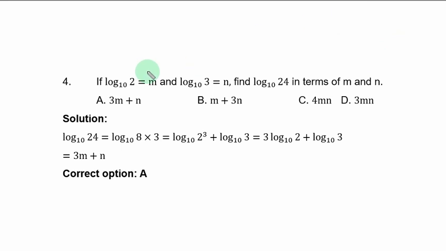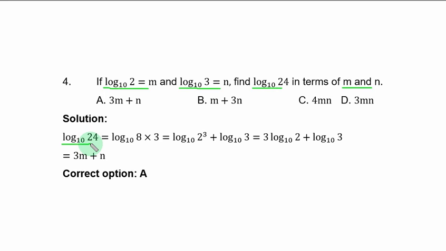Question 4. If log 2 base 10 is equal to m and log 3 base 10 is equal to n, find log 24 base 10 in terms of m and n. Solution. So you have log 24 base 10.